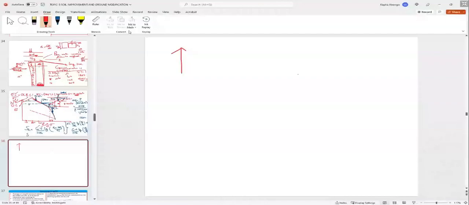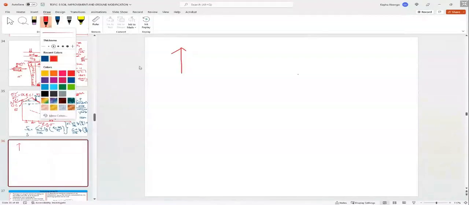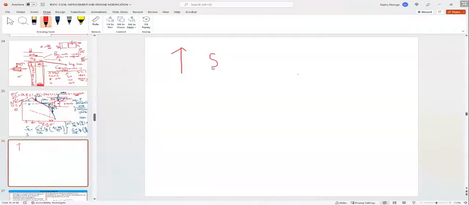Then it begins the process of dissipating. The process is completely finished when the pore water pressure has dissipated. Then we know what the final settlement would be.